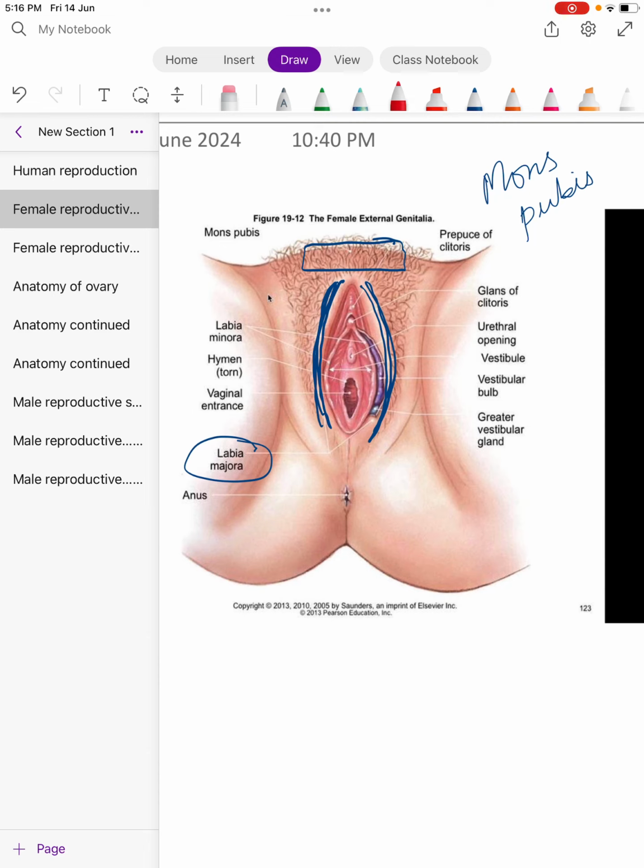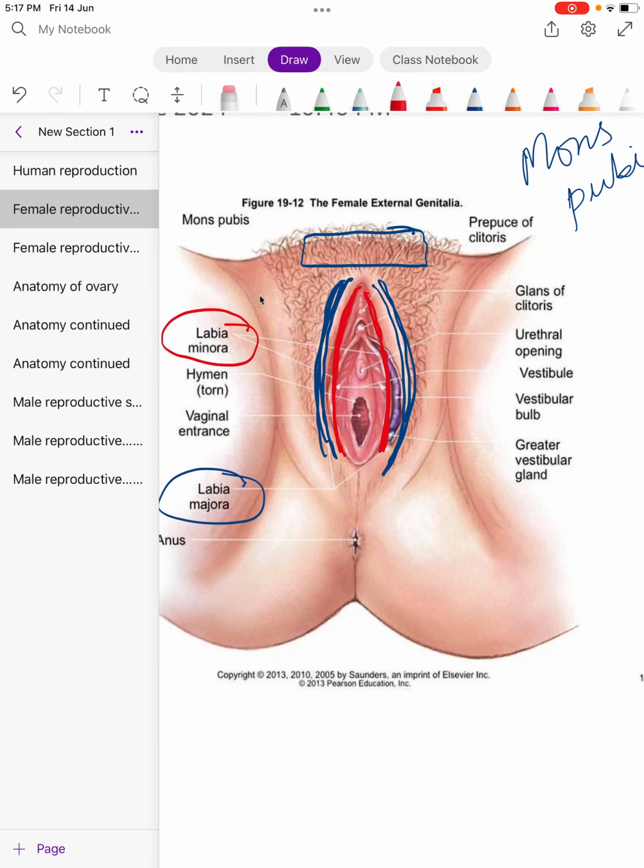After this, there is another fold of skin, which I show with a red color, called labia minora. Then at the junction of the labia minora, there is an organ which I show with green color, called clitoris.